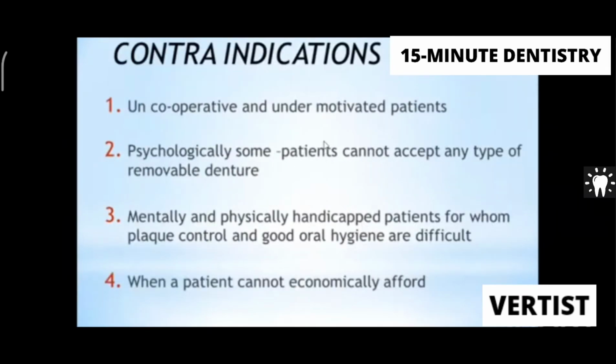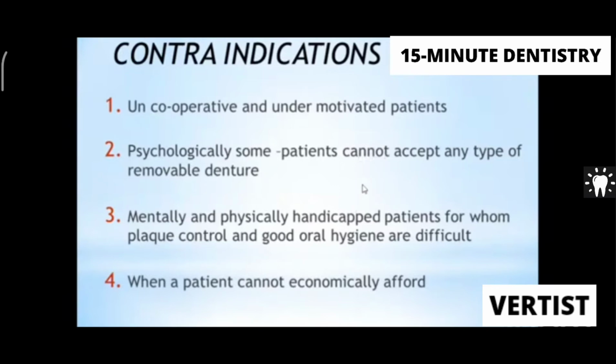Then there are a few contraindications also. First is uncooperative patients and poorly motivated patients. Some patients do have problems managing a removable partial denture. Some patients cannot manage the removal.